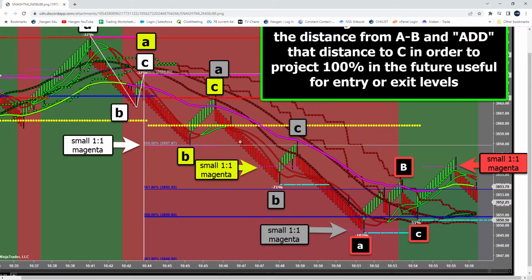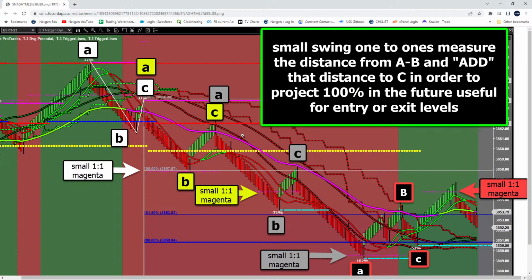All right. So, again, you guys already know what the large ABCs are, where you have the yellow one-to-one dots, and I think you use these quite a bit. Obviously, termination areas and support and resistance. Inside of the T3 Fibs ProTrader, you can turn on what's called small swing one-to-ones.